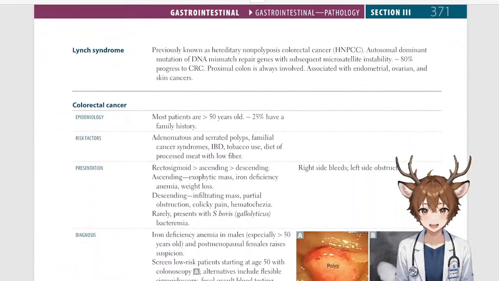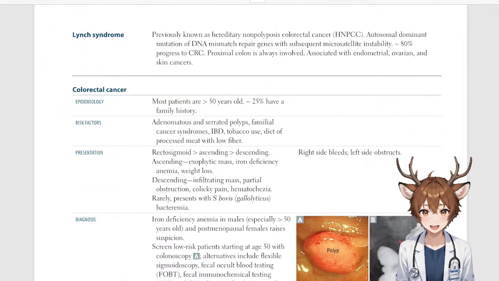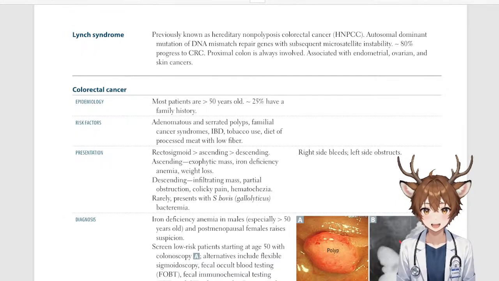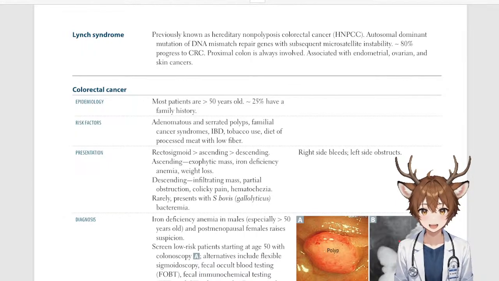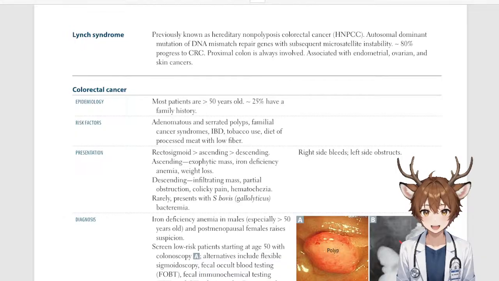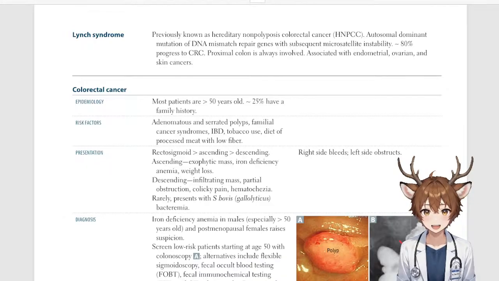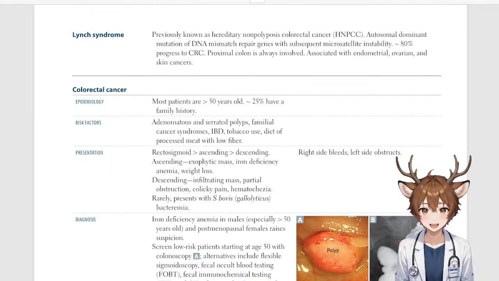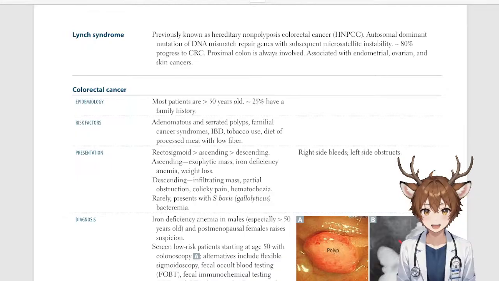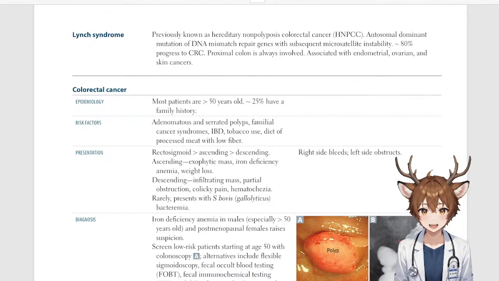So what about Lynch syndrome? Lynch syndrome, also called hereditary non-polyposis colorectal cancer, HNPCC. Just call it Lynch syndrome, okay? Autosomal dominant mutation of mismatch repair genes, MLH1 and MSH2, with subsequent microsatellite instability, 80% progress to CRC, colorectal carcinoma.